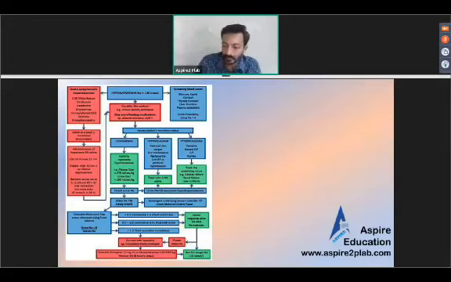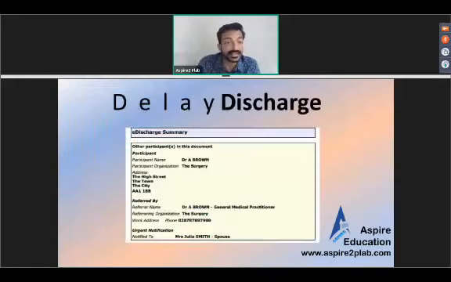Okay. Let's move to the next one. Delayed discharge. Recently, they started asking this station as well. It's actually a very similar station to one we have done previously. If you remember, we have one station where we are talking to a doctor, Dr. Wilson. He or she forgot to change the cannula, and the patient was angry. So same here, same kind of story.